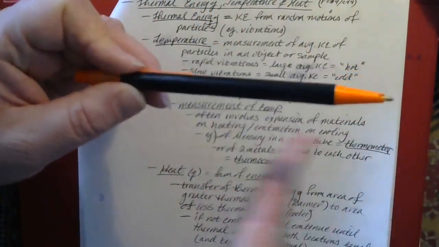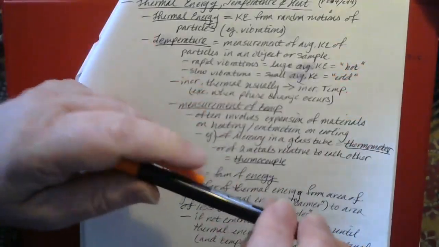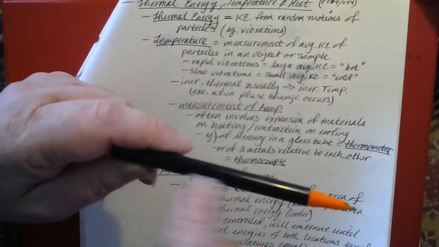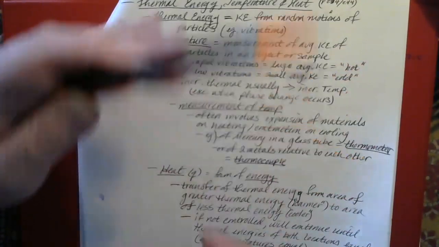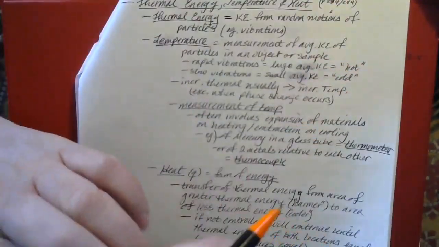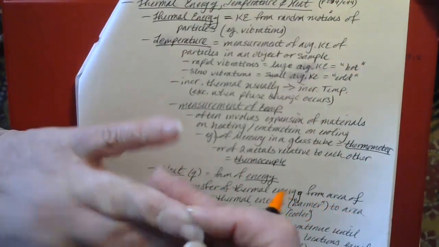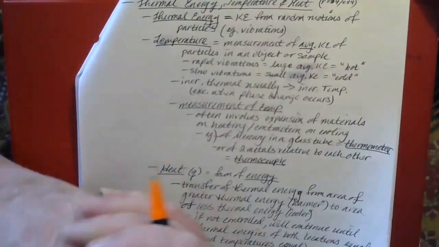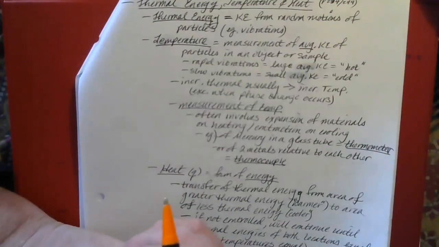Some of them are vibrating really fast, some of them are vibrating more slowly. If you were to average together all of those kinetic energies of all of those molecules in the pen and then measure it, what you would end up with is the temperature. We get the average kinetic energy because our temperature probes are too big to get the kinetic energy of any one molecule. Molecules are really small.